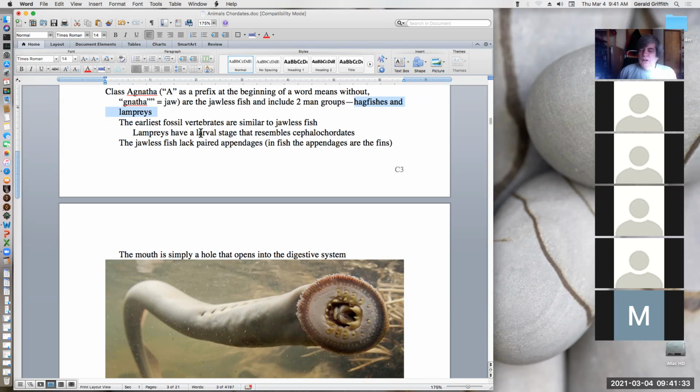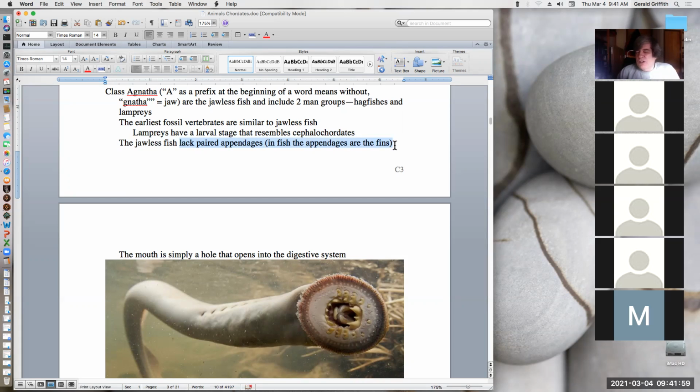If we look at lampreys, this is the main group that has a larval stage that resembles the cephalochordates as well as the tunicates. Now, lampreys don't have some things that we associate with most of the chordates, and especially with the vertebrate side of the family.